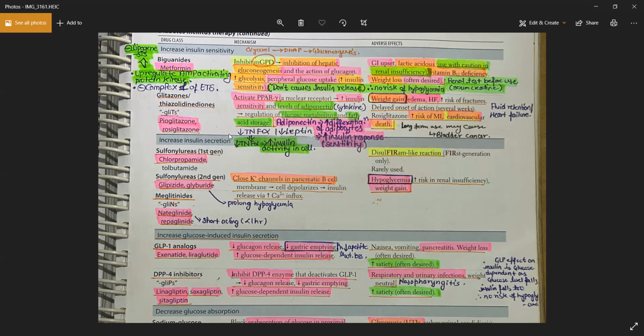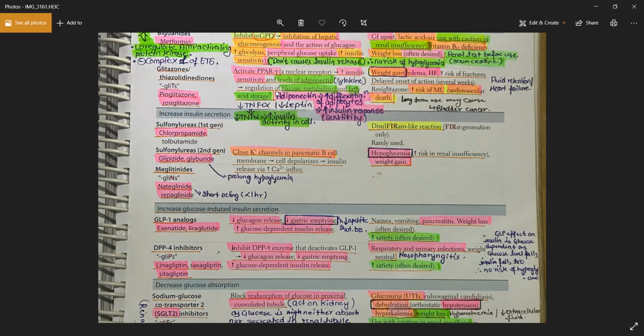That is a mechanism by which it can also cause lactic acidosis in renal insufficiency. Basically it inhibits oxidative phosphorylation and the cell turns anaerobic, and it generally happens whenever renal insufficiency is present. Yes, exactly. Don't forget that.